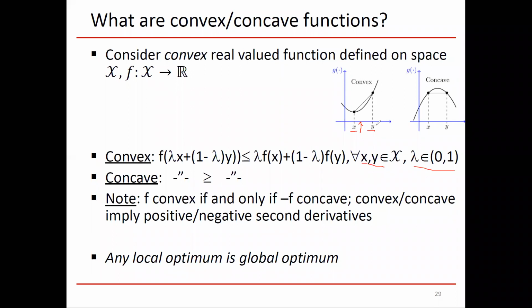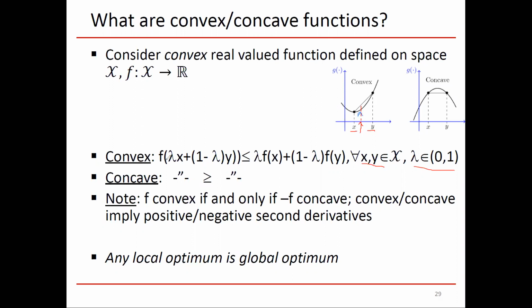Now, at that value, you can try to imagine the function in two different ways. One is to evaluate the function exactly at lambda x plus 1 minus lambda y.